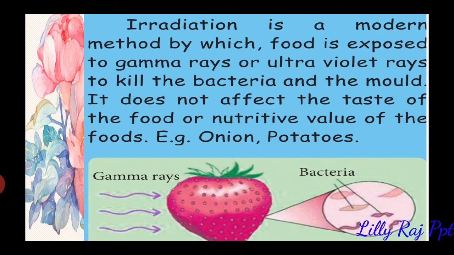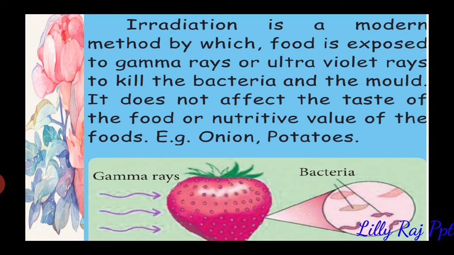The next method is irradiation. Nowadays irradiation is a modern method by which food is exposed to gamma rays or ultraviolet rays to kill the bacteria and mold. It does not affect the taste or nutritive value of the food. Examples are onions and potatoes. To keep the food item for a long period of time, for 2, 3 or 6 months, we can use gamma rays to reduce the growth of bacteria and mold.